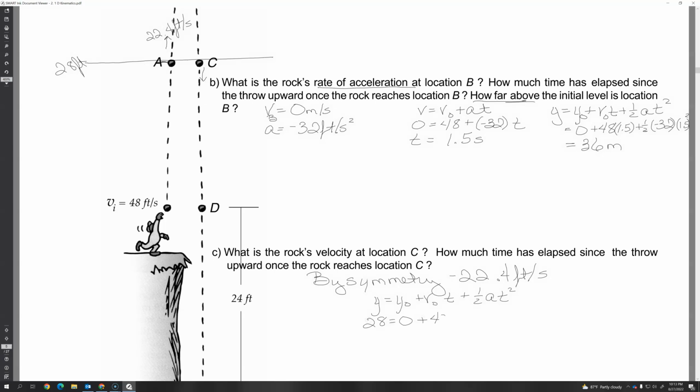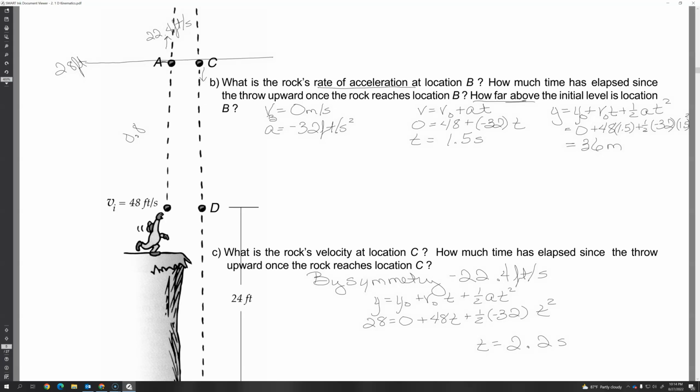Our initial velocity was 48, so 48 times t plus 1/2 times negative 32 times t squared. We can use our good old friend, the quadratic formula, and we would get two times. The first one up here is at 0.8, and the next one is 2.2 seconds.